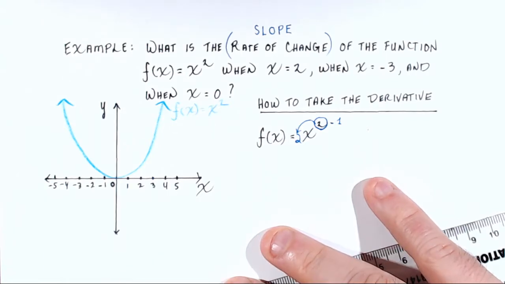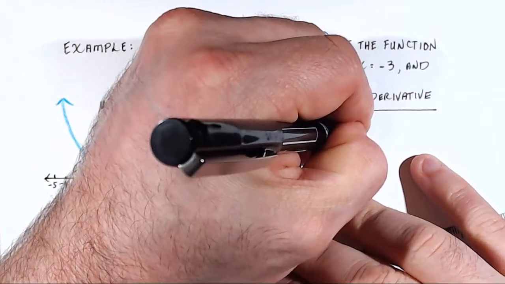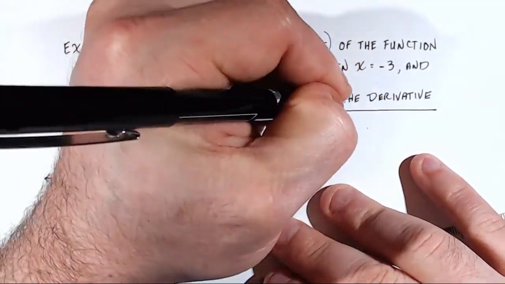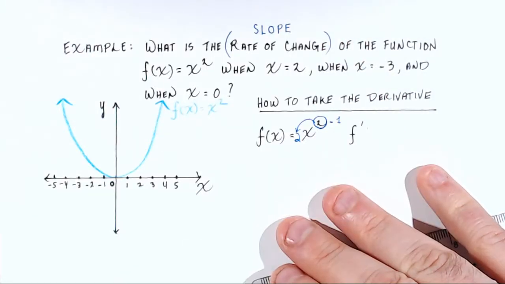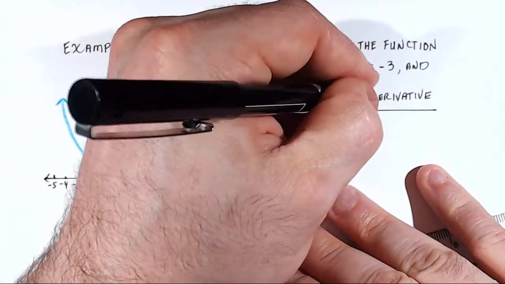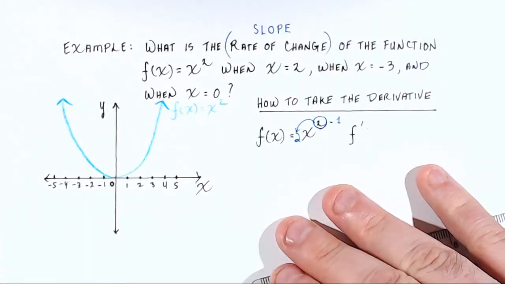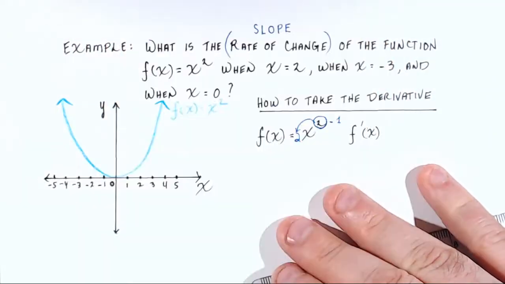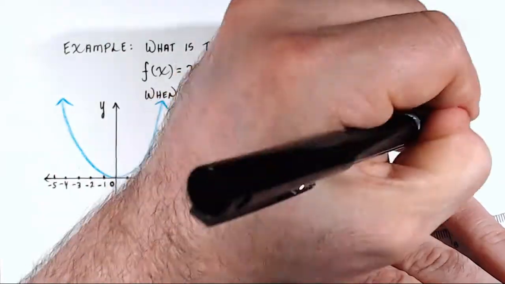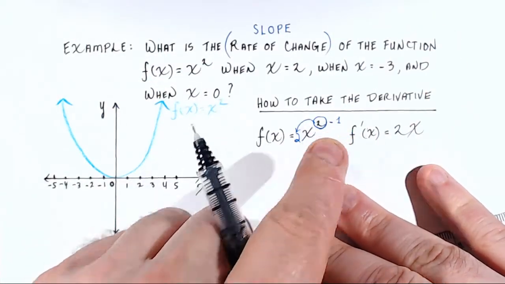We'll do that again, because it's a very simple process. So just to make clear, the derivative, when we write that f prime, it's kind of like a little apostrophe. F prime x equals 2 times x. And then the exponent 2 minus 1 is just 1.